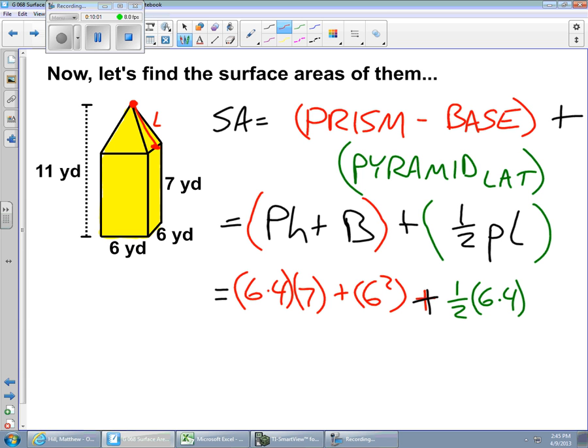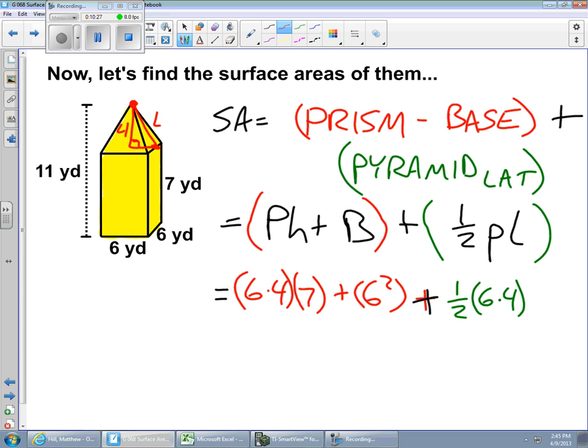Since we don't have it, our typical thing is to construct a triangle inside of there and try to go from that. So what measurements do we have? Do we know this overall height inside of that pyramid? It is 4. How'd you come up with that 4? That's right. You've got 7 yards worth of height that are used by the prism, 11 yards of total height for the entire composite figure.